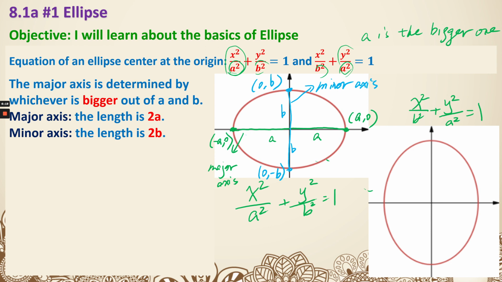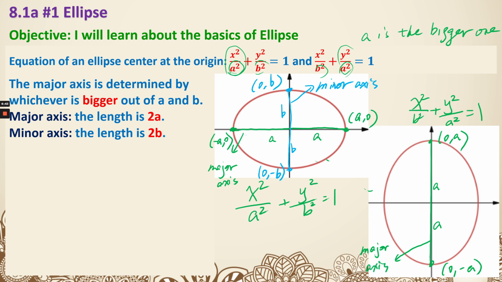For the other one, of course, everything is kind of flipped, because our longer part is on the y, so this would be our major axis in this case. That part is a, that part is a, so we have (0, a) and (0, negative a). And that, again, is our major axis.